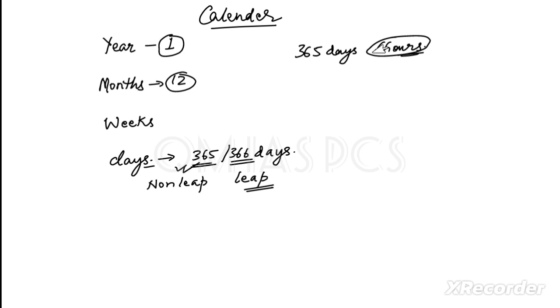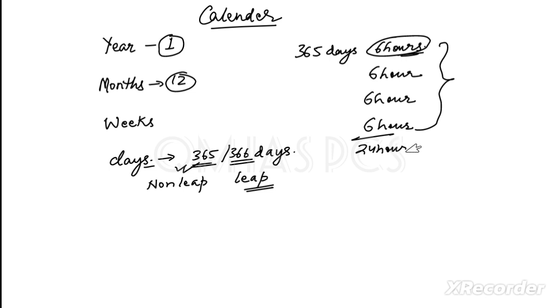So for the next year it will be 6 hours, again next year 6 hours, again next year 6 hours. So we have to add all four, so it will be 24 hours, and it will make a day, and that will be added to the February part.